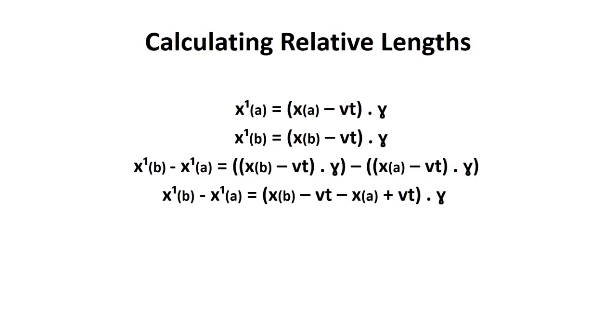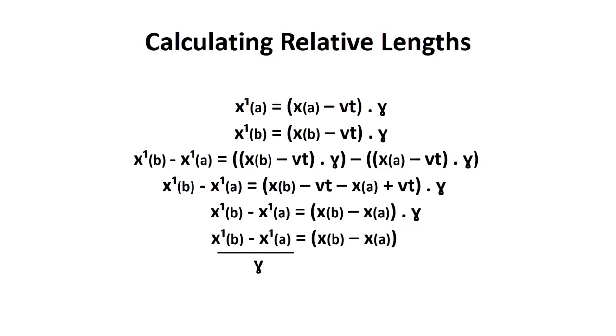We now find that there is a minus vt and a plus vt on the right-hand side. So they cancel out and we are left with this result. We are looking to calculate the value of the x-coordinate system, so it is convenient to divide both sides of the equation by gamma, which gives this result, which in turn can be regarded as the generalized rule for the transformation of lengths.